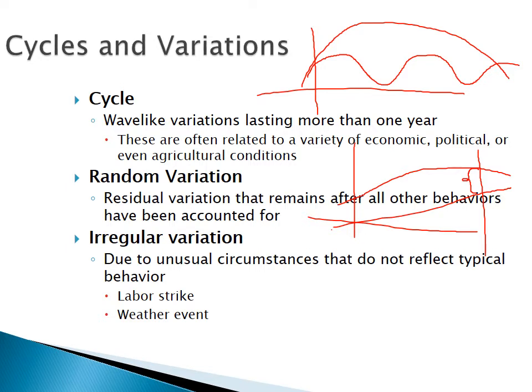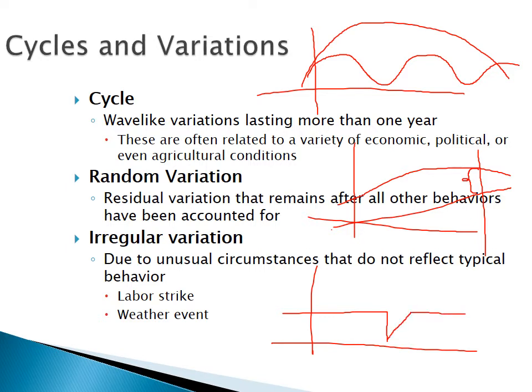The irregular variations happen all of a sudden, without much time for the forecasters to realize why it happened. Like a strike. So there was production in a factory, all of a sudden there is a strike and the production drops. Okay, then maybe after some time it resumes.